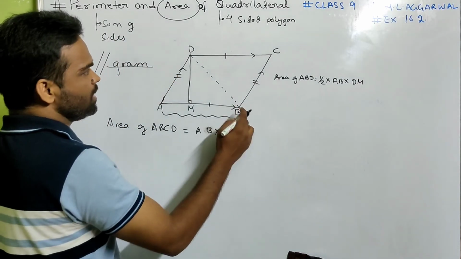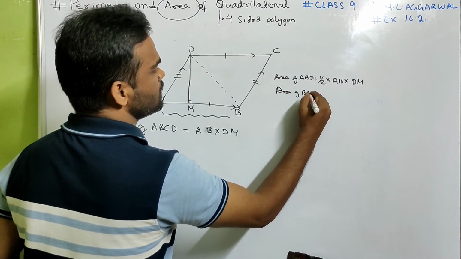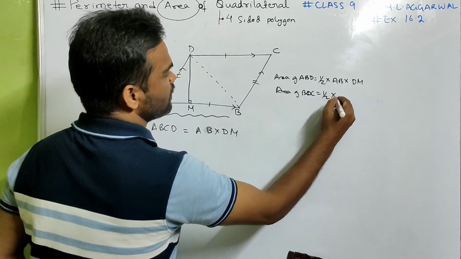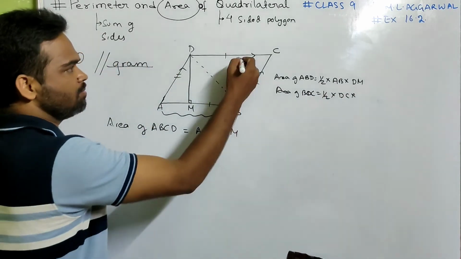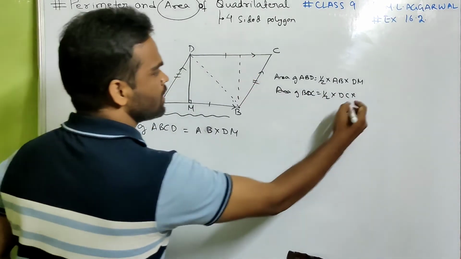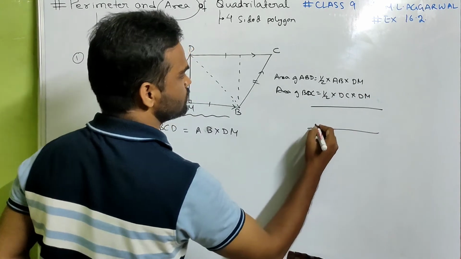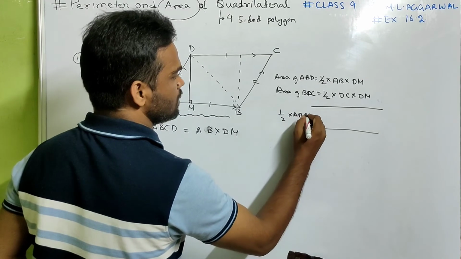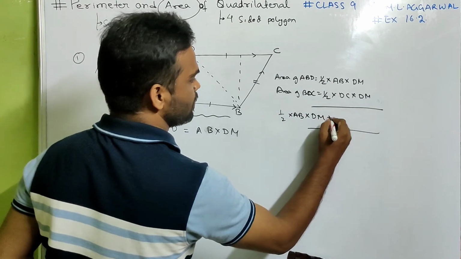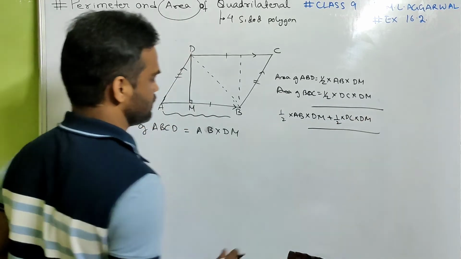And area of BDC is half into base, which is DC, into height. Height remains the same, isn't it? Which is DM. Just add these two. So this is half into AB into DM plus half into DC into DM.